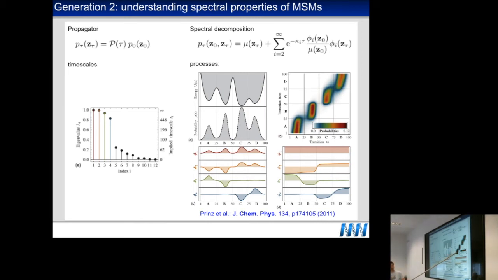As long as we're on a lag time where A is metastable, so if tau is shorter than the lifetime of A, then we will likely stay in A after that time. And the same for B, C, and D. But we already see at this matrix that it's easier to go from A to B and from C to D than it is to go from B to C. Because between B and C there's this disconnected region here. And that is because there's the high barrier here.